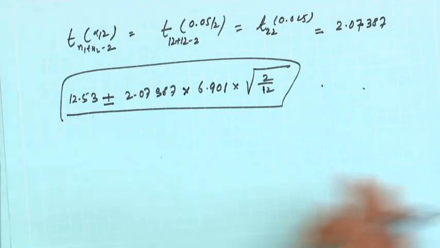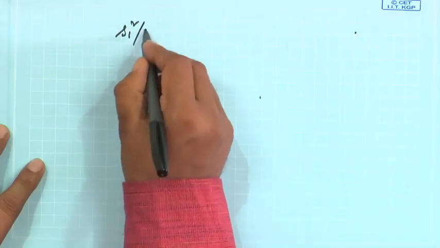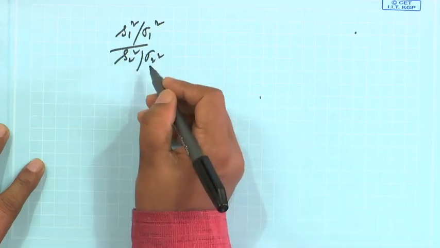Now we will discuss another concept called confidence interval for the ratio of two population variances. So here we will use S1 square by sigma 1 square and S2 square by sigma 2 square.